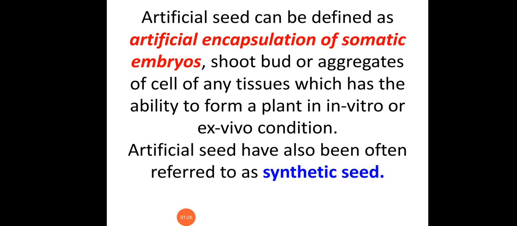Artificial seed can be defined as the artificial encapsulation of somatic embryos, shoot buds, or aggregates of cells of any tissue, which has the ability to form a plant in in vitro or ex vivo conditions. Artificial seeds are also often referred to as synthetic seeds.